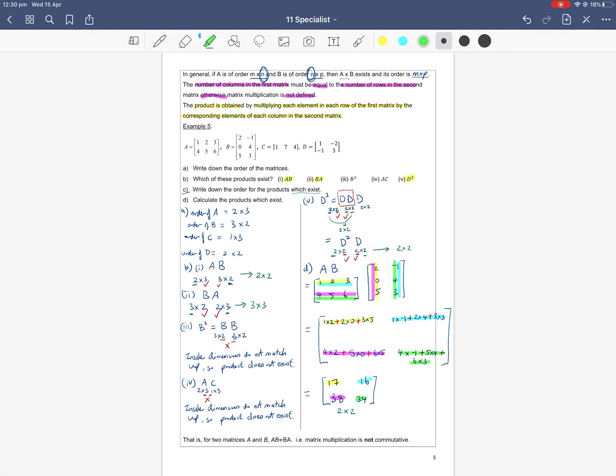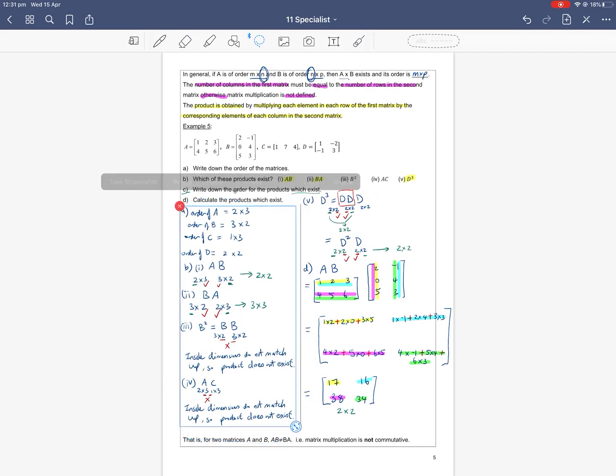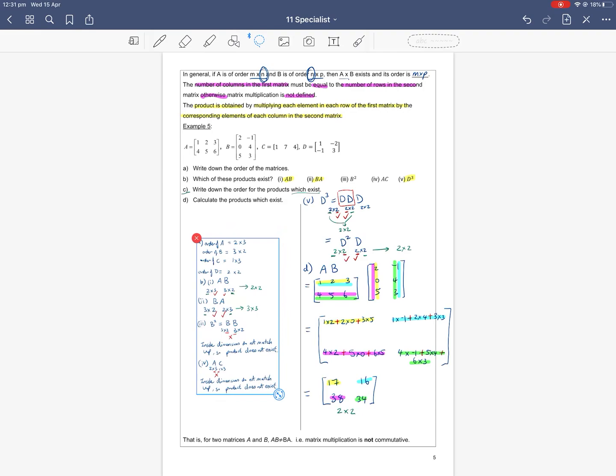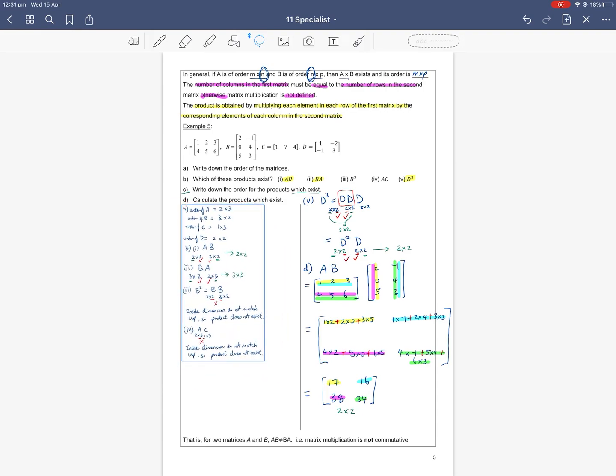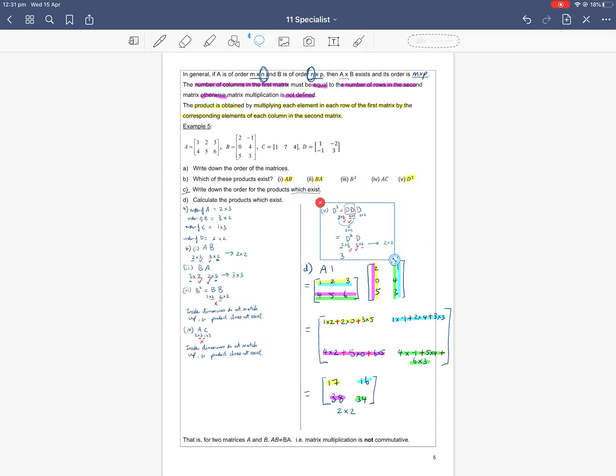Oh, okay, I'm out of space. Let's see if I can shrink any of this so I can get more space out of it. Whoops, let me do that again. Resize.